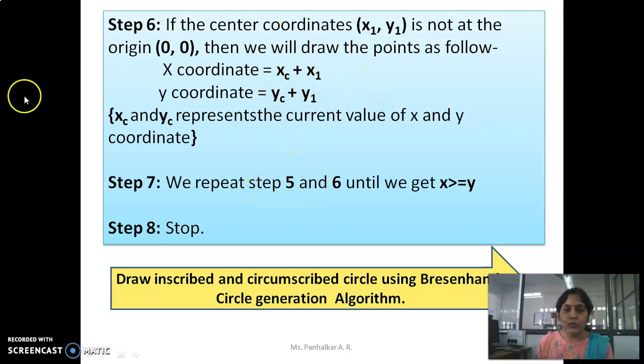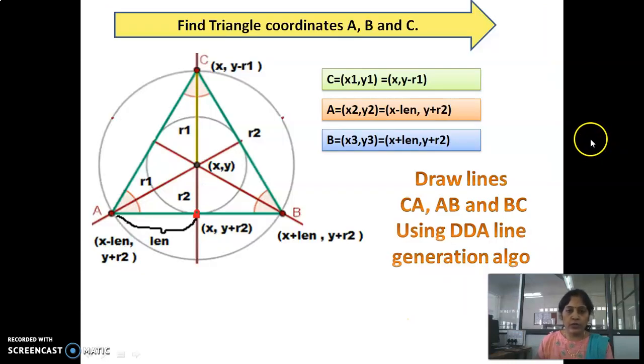So we perform steps 5 and 6 until x is greater than or equal to y. When x is greater than or equal to y, we stop this process. So we draw the inscribed circle and circumscribed circle by using the Bresenham circle drawing algorithm.